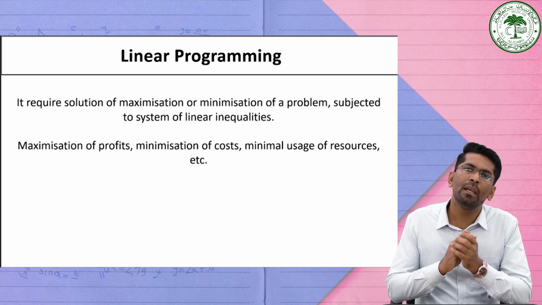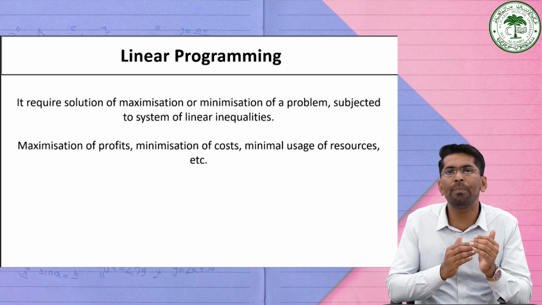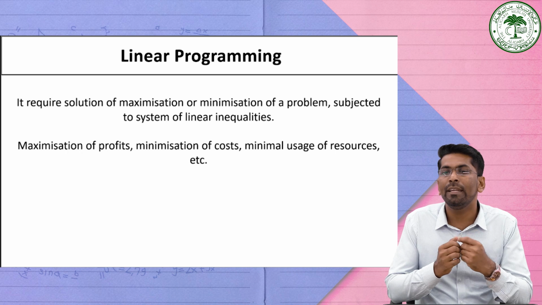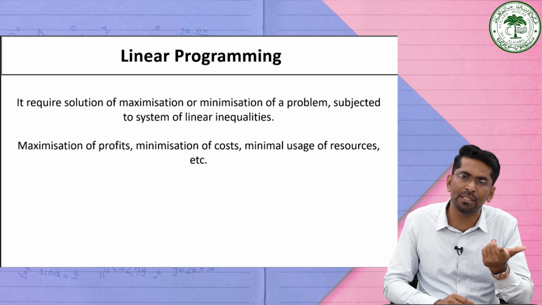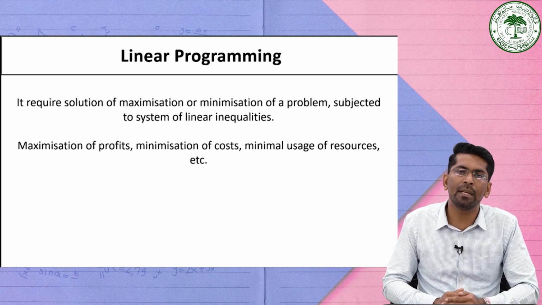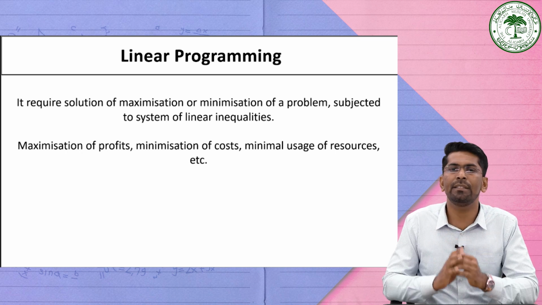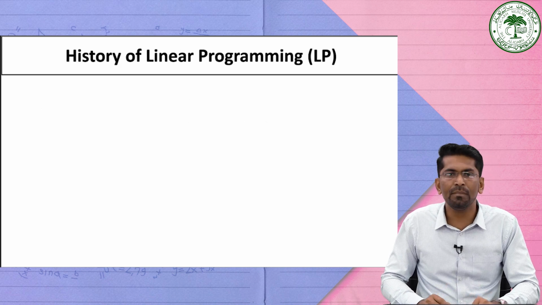Linear programming is helpful in developing and solving decision-making problems. That's why it is optimized either in the form of maximization or minimization by using a particular mathematical technique, and this technique is popularly known as linear programming.